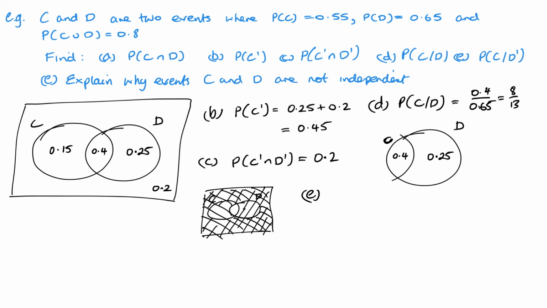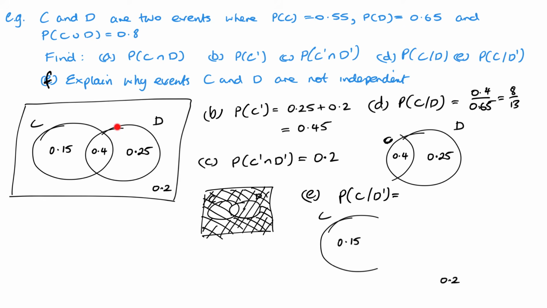So I've just noticed that I've written E twice. Let's just change that to an F there. This is probability of C given that it was not D. So not D is everything outside of D. So if I think of my Venn diagram, now this is all we have left.